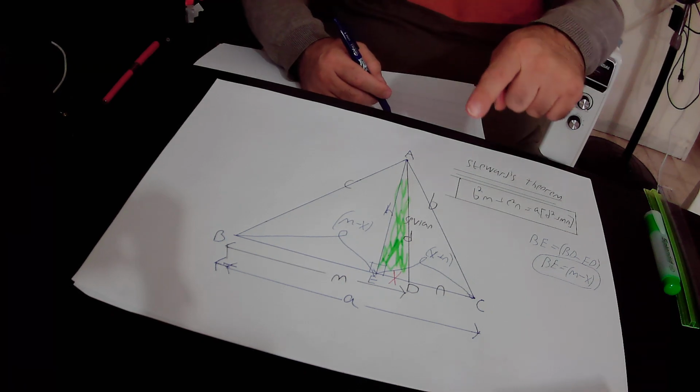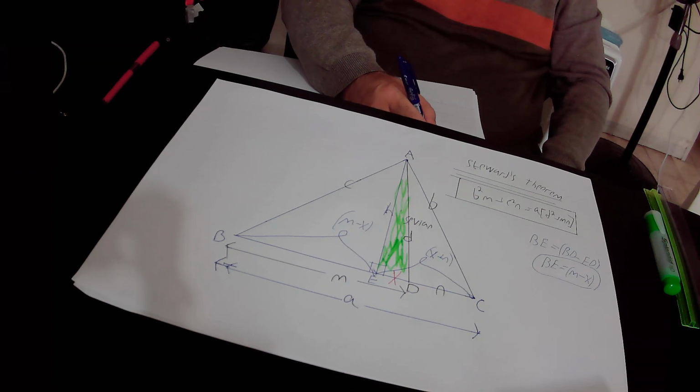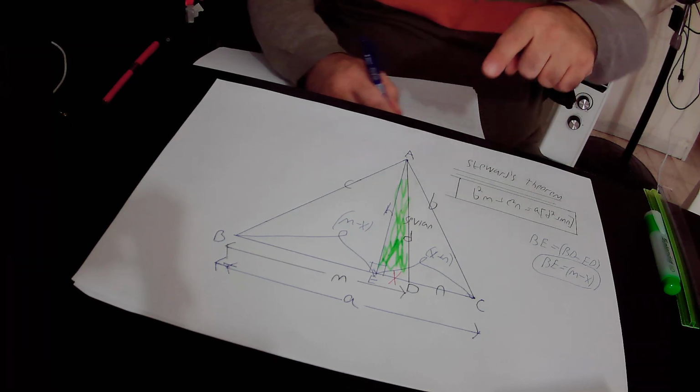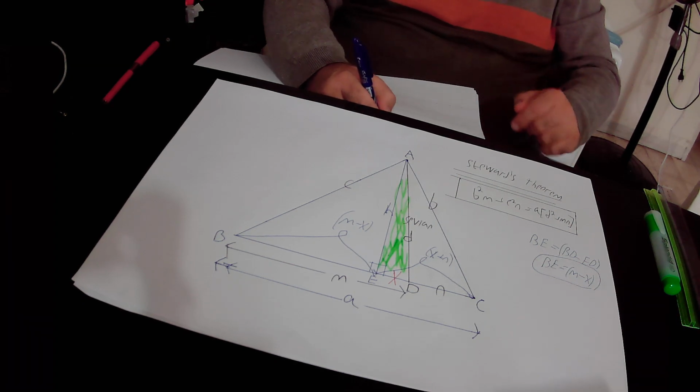The hypotenuse in the right triangle AED is AD, therefore the square of the hypotenuse is AD squared, and it must be equal to AE squared plus ED squared.